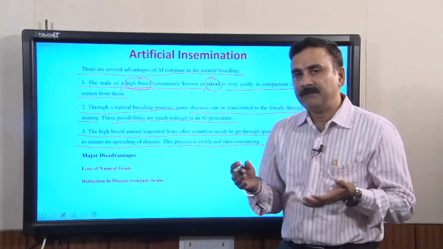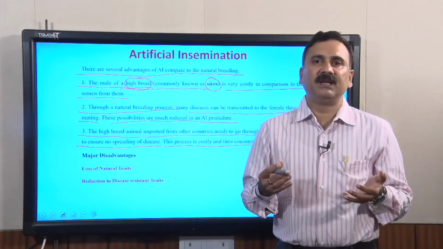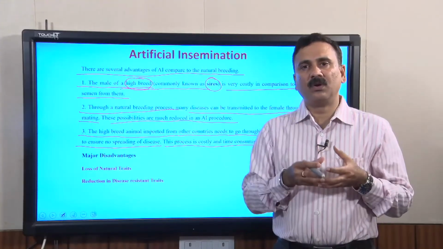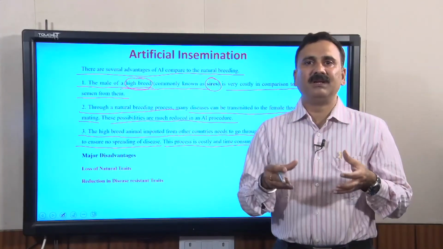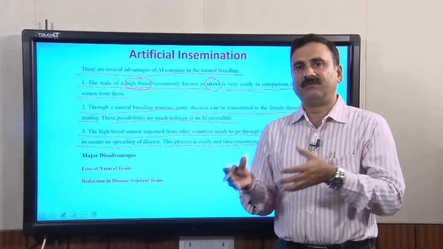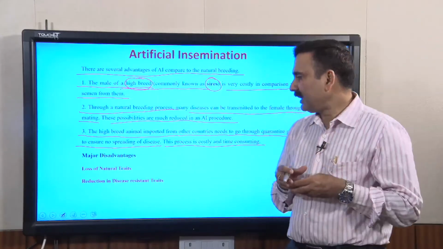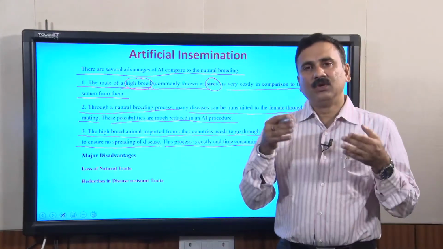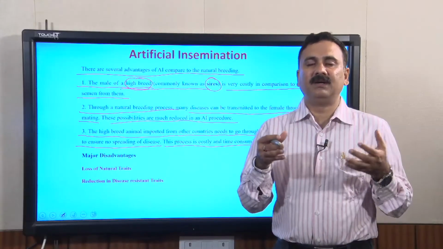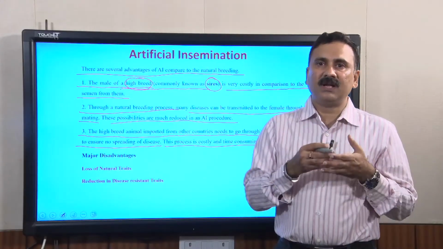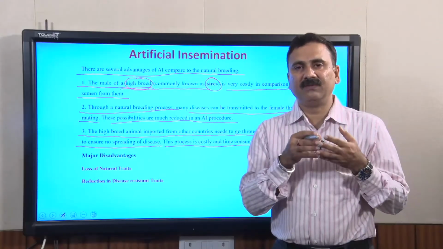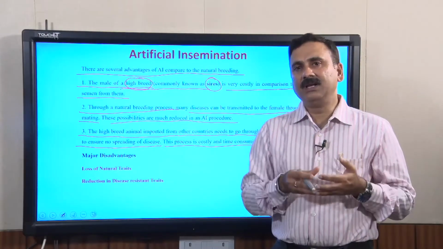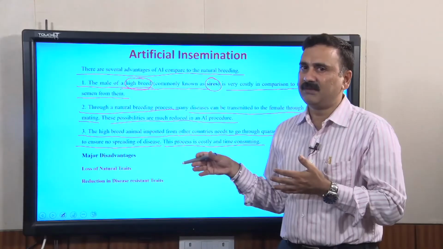Number 2 is, because you are using artificial insemination, you can control many of the sexually transmitted diseases from the male to the female and so on. And the third is that you do not have to keep these animals under the quarantine process. So, you can save time as well as money by following artificial insemination.